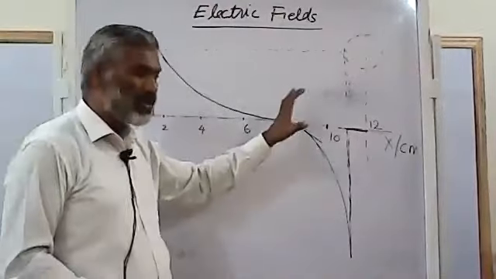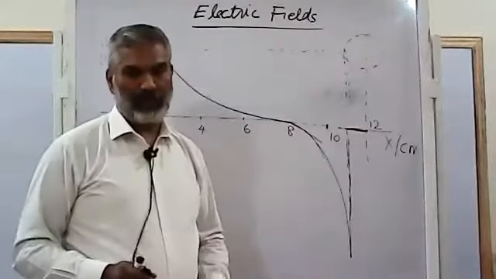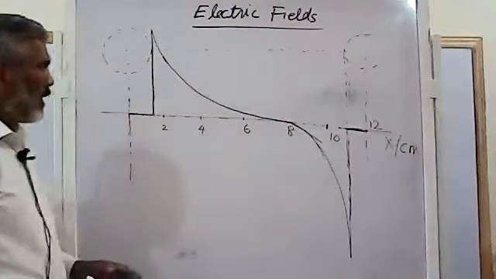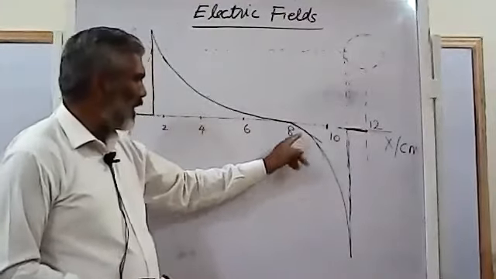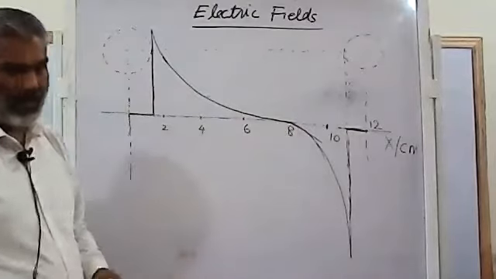So both charges must be positive, and they are exactly equal and opposite at this location where they are cancelling.